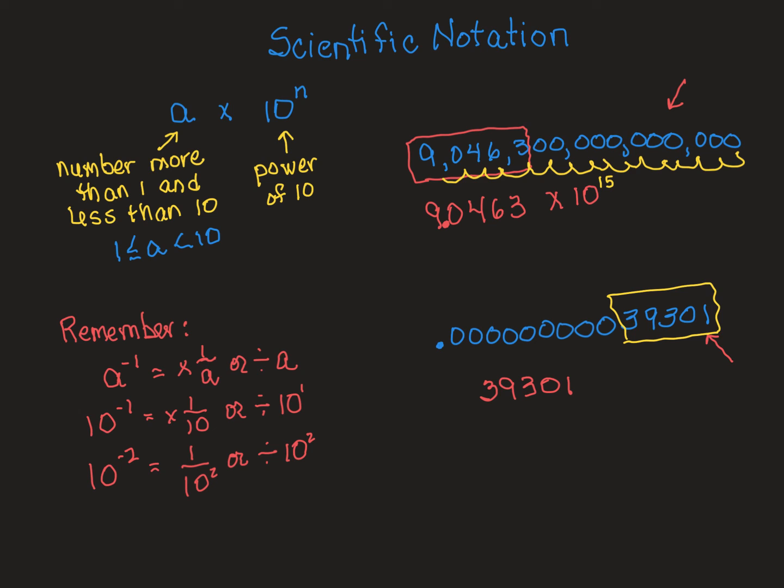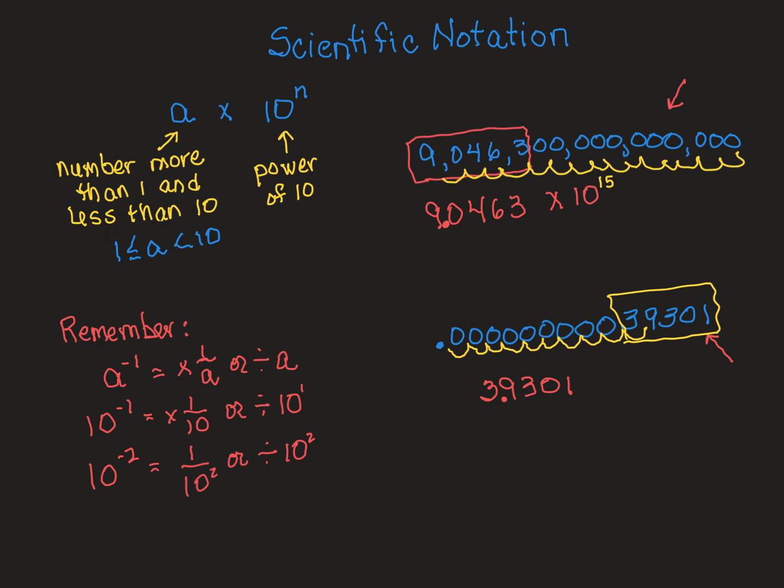Now I have to look at that number and say, where would I put the decimal point so it's greater than or equal to 1, but less than 10? I'm going to put it right after the 3. But now I have to figure out, if I put the decimal point here, how many places have I moved it? 1, 2, 3, 4, 5, 6, 7, 8, 9, 10.